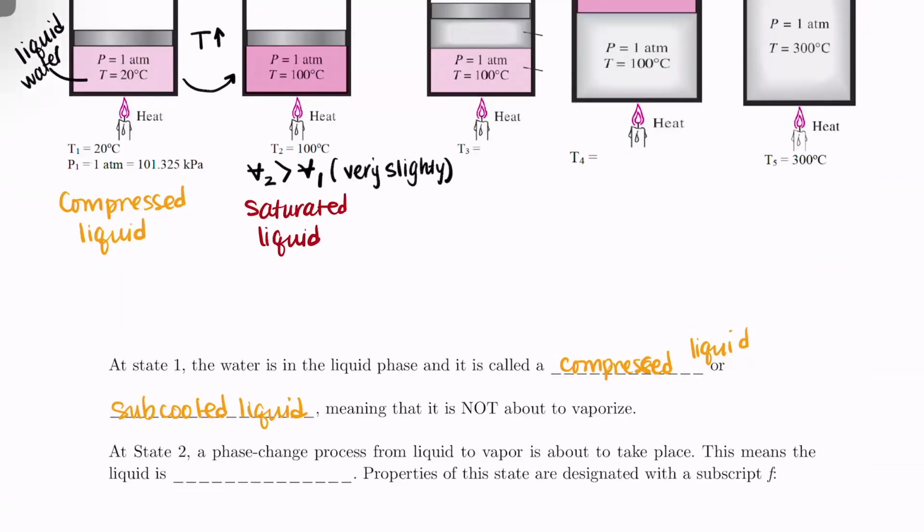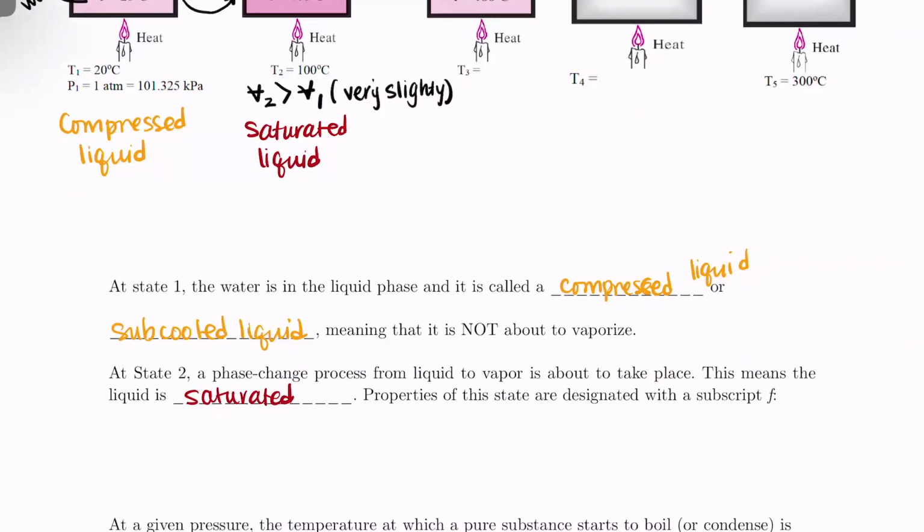All right, so a phase change process from liquid to vapor is about to take place. And so this means that the liquid is saturated. And when we talk about properties at the state, we are going to give them a subscript F. So you can think of this F as indicating fluid about to become vapor.